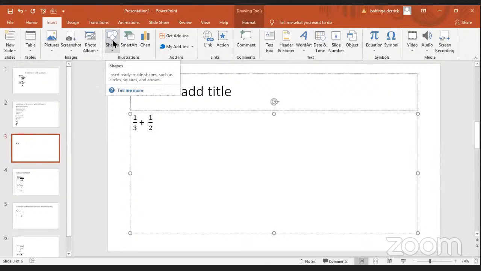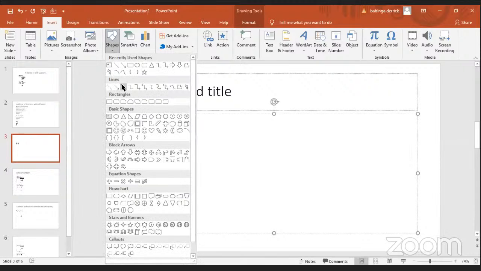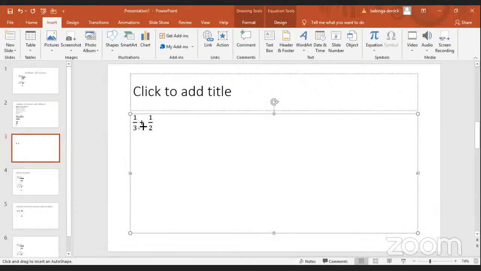So what we do for this cross multiplication, this is how it goes. We are going to look at these arrows here.